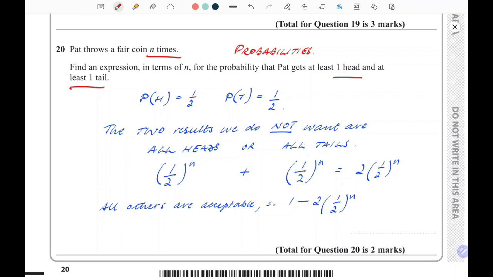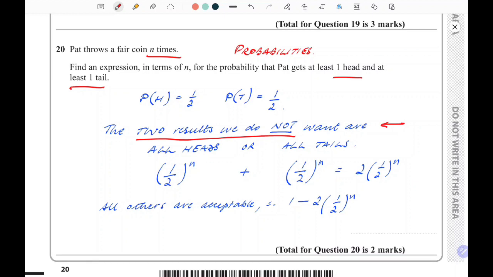What you have to do is to work backwards. All right. If we want at least 1 head and at least 1 tail, the 2 outcomes that we do not want are all heads and indeed all tails, right?